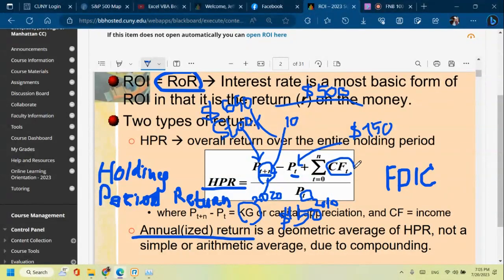So this is that. This is cash flow. Cash flow, in case of stock, is dividend. Again, time subscript, because that's the dividend of year 1, dividend of year 2, dividend of year 3, dividend of year 4, dividend of year 5.